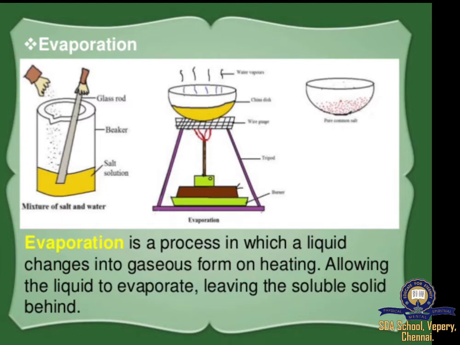Evaporation. Evaporation is a process in which a liquid changes into a gaseous form on heating, allowing the liquid to evaporate, leaving the soluble solid behind. Evaporation means a liquid is converted into a gaseous state on heating.